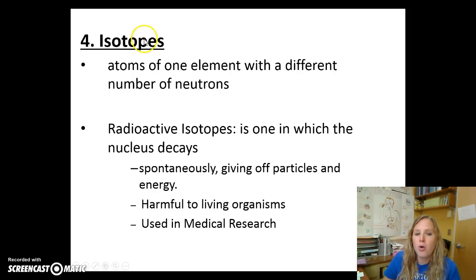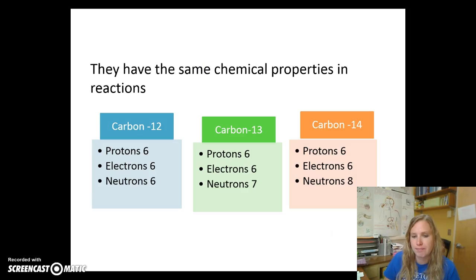So know that isotopes vary with the different number of neutrons. So if I was talking about carbon-12 versus carbon-14, clearly carbon-14 has 2 more neutrons. It can't have any more protons because then that would change the element from carbon to like nitrogen or carbon to oxygen, whatever it was. So it's really important that you know that it's just the number of neutrons that change.